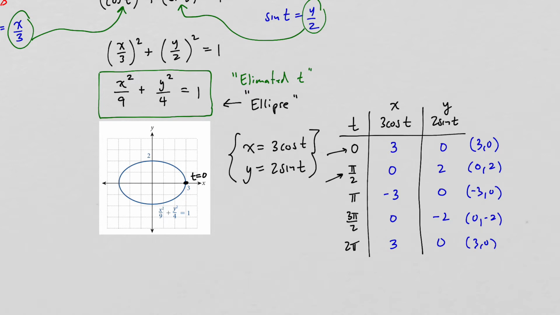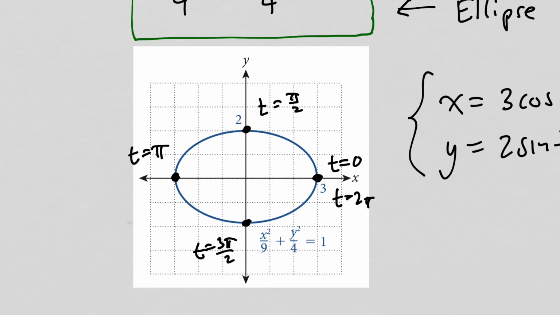And when t was equal to pi over 2, we got this point here. t equals pi gave us this point over here, and t equals 3 pi over 2 gives us this point, and then t equals 2 pi brings us all the way around back to this point. So notice that as t increases, there is a definite orientation to this curve. We are moving in this direction.